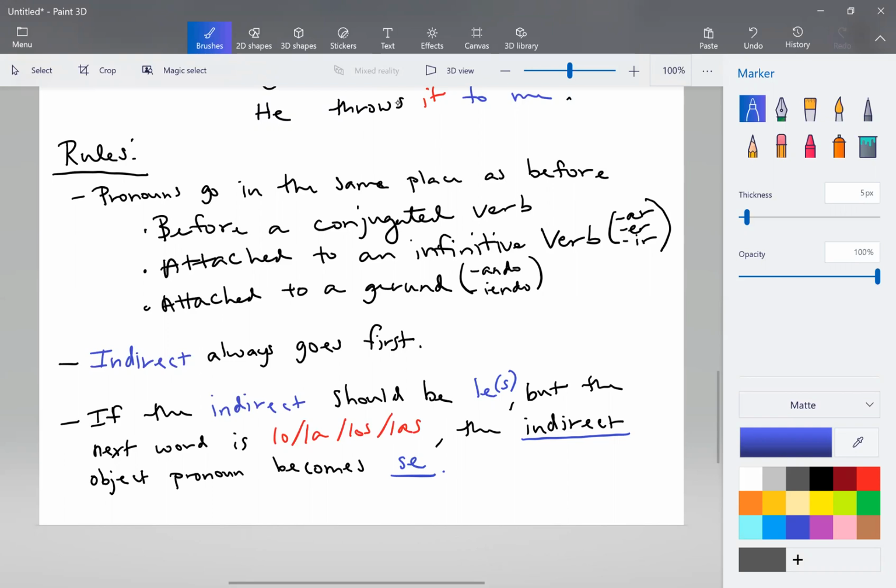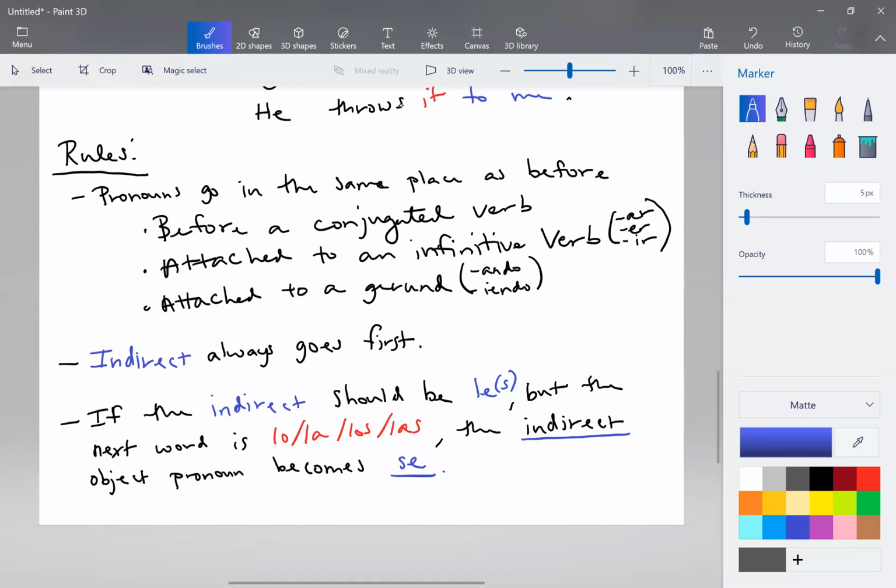If it's le or les followed by another L word, it would become se. Go ahead, Kate. Do we ever have to connect it on the end of a word? No, it's optional. You are never required to connect it, but you might hear it that way, so it's important to recognize it that way.